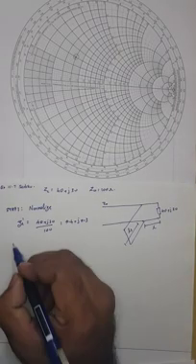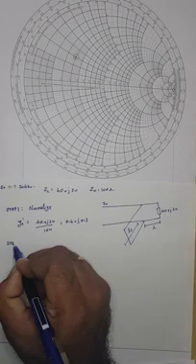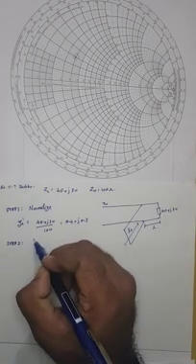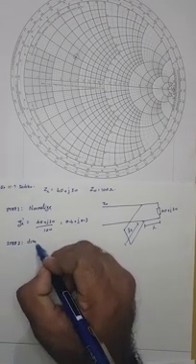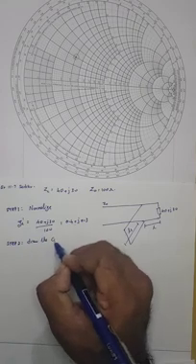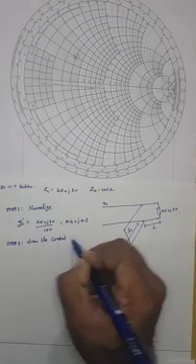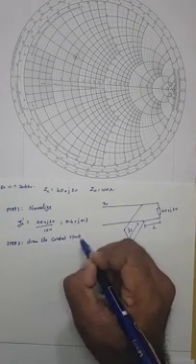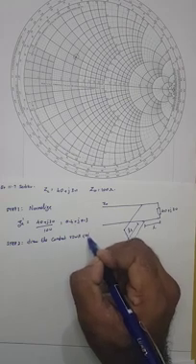Step 2 would be to draw the constant VSWR circle.